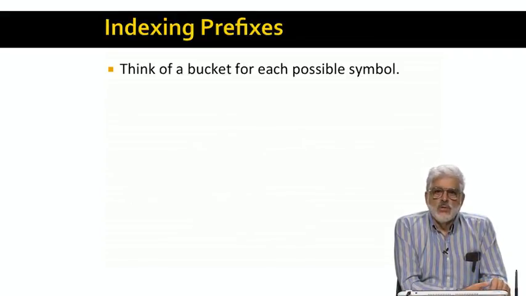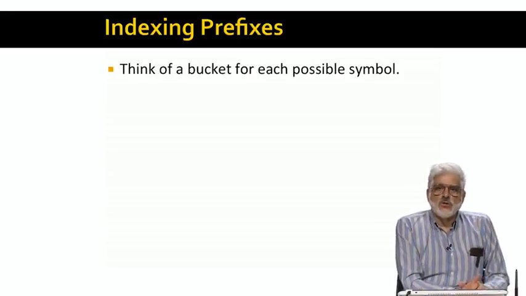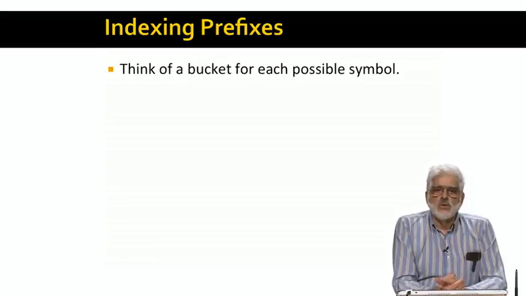The index structure can be thought of as a collection of buckets, one for each possible symbol that can appear in the strings. Those symbols are the members of the universal set from which all sets are drawn.